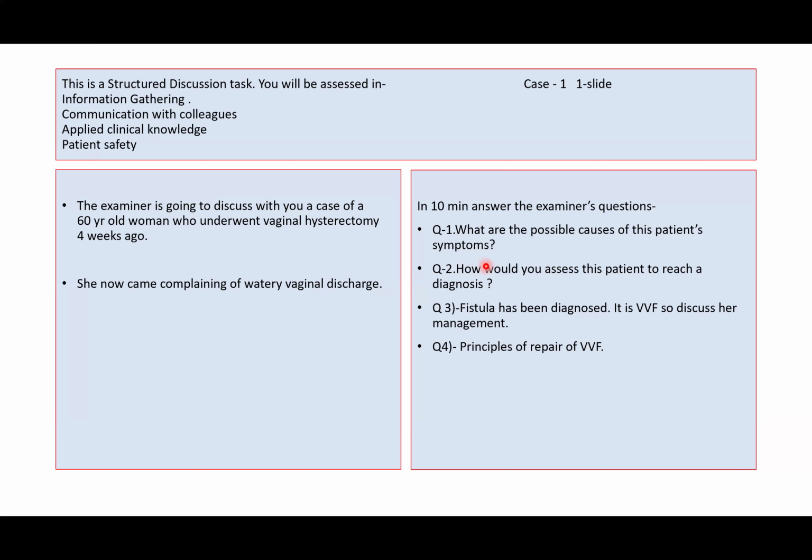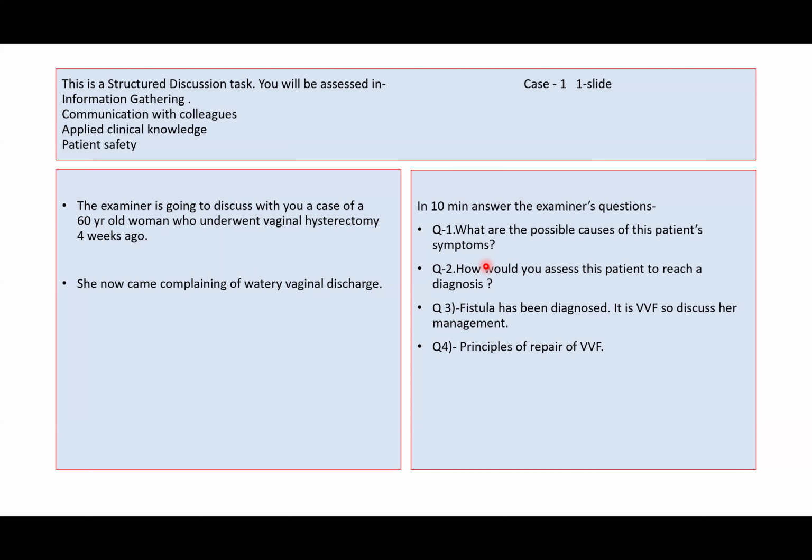This case is of a post hysterectomy vaginal incontinence, and she is a 60 year old woman who had undergone vaginal hysterectomy 4 weeks back, and now she came with watery vaginal discharge.